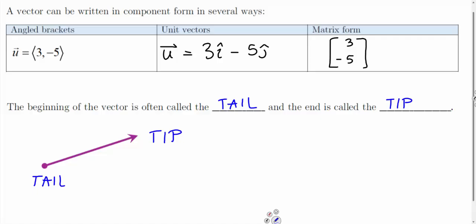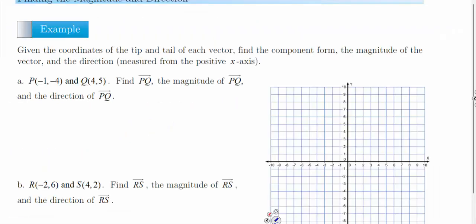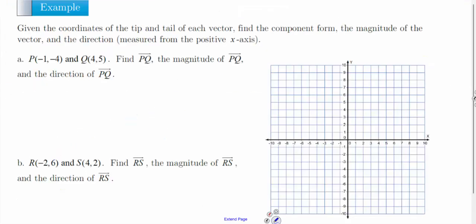And then the tip is just the end. Any questions on notation? It's pretty dry, okay, but we'll get to a lot of fun physics applications soon. Free body diagram and force and all that. Okay. Is that it? Okay, here we go.